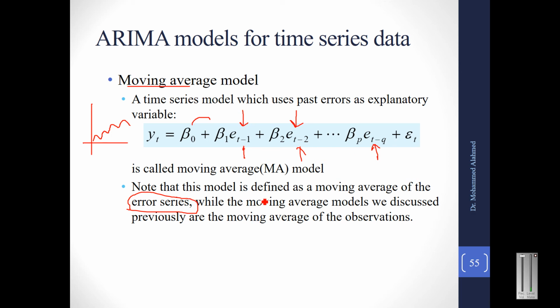So this is a model defined as a moving average of the error series, like the moving average models we discussed previously. You can see there is a similarity between the moving average and the AR model. The AR model considers the lagged versions and the MA model considers the error in the previous iterations. Here beta naught is again a constant and et is the error term.